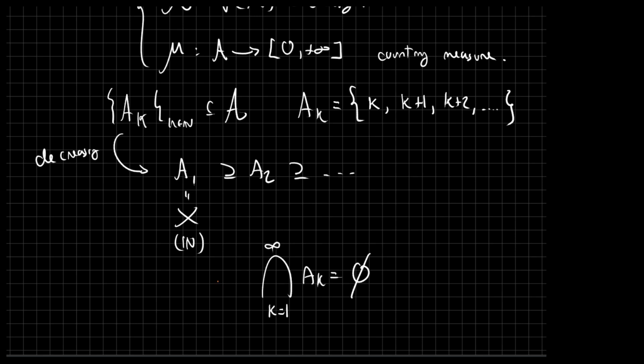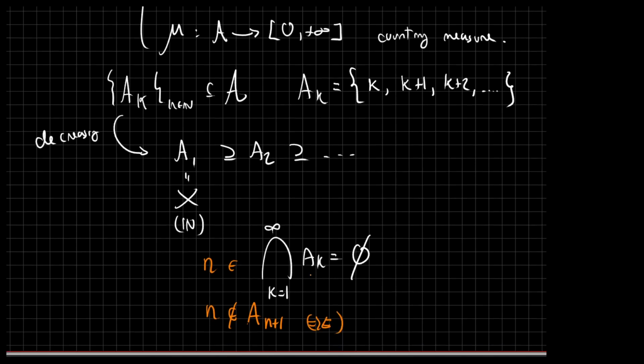If there were some element, then that element would be in Ak, but it is not in some later set, and this would be a contradiction. So this is the empty set, and you know that the measure of the empty set is 0.